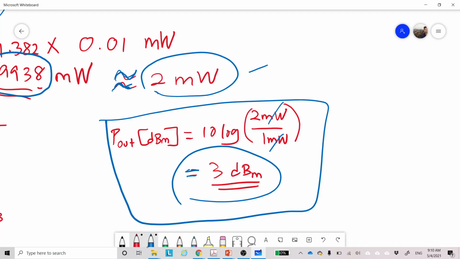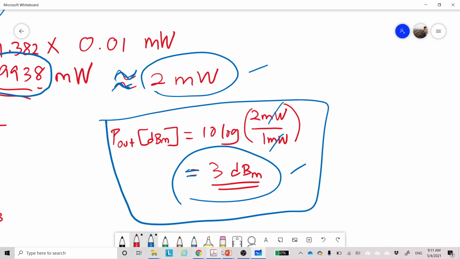I just want to know is this correct or not. Okay, so I do 10 log of this one, so I get 3 dBm. So this is the same as the first question, so it is correct. Okay, kalau you dapat 4 dBm, so that means the answer is wrong. Okay, something is wrong somewhere.